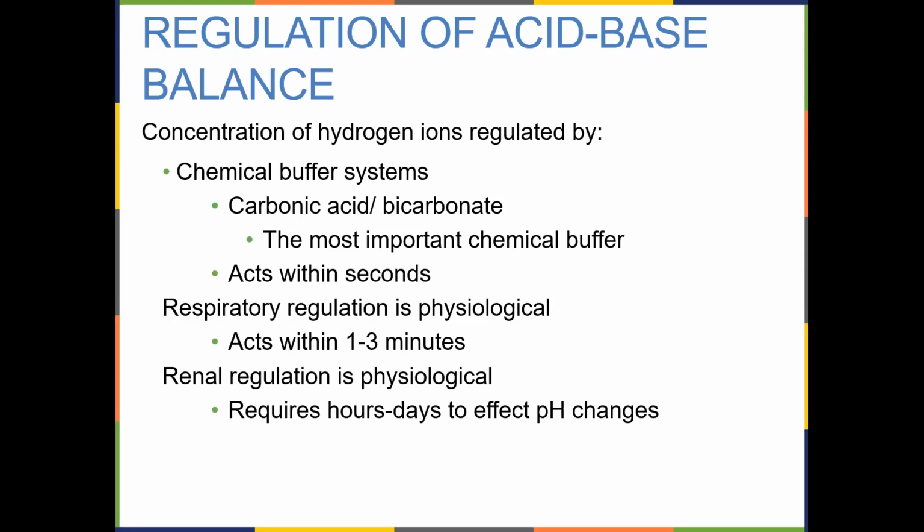The chemical buffering system, carbonic acid and sodium bicarbonate. We get responses in seconds. We're always trying to neutralize an acid or a base. And so we use carbonic acid and sodium bicarbonate. It is the most important of the chemical buffers. It acts quickly.